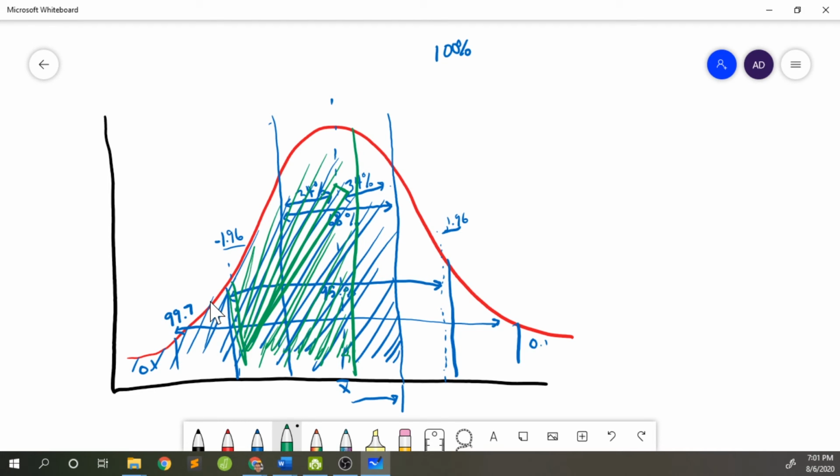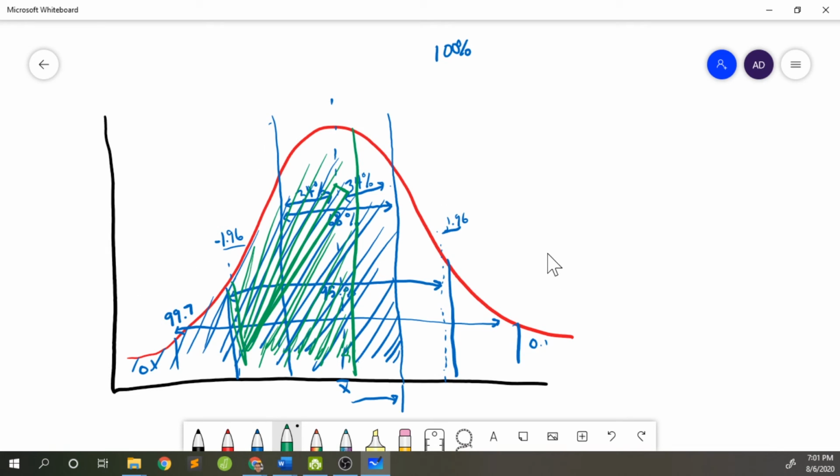This is a spoiler alert for future videos where we talk about statistical significance testing, because in significance testing you estimate a probability, and this property is what allows us to attach probability estimates to any given score.